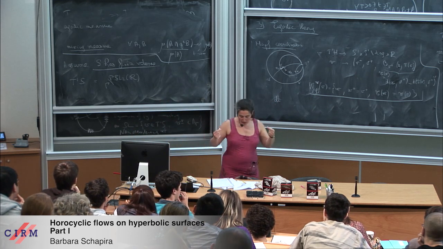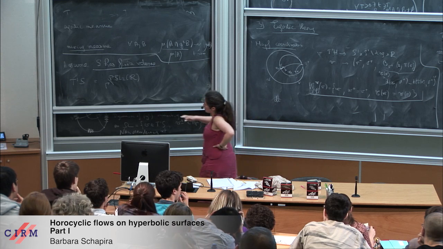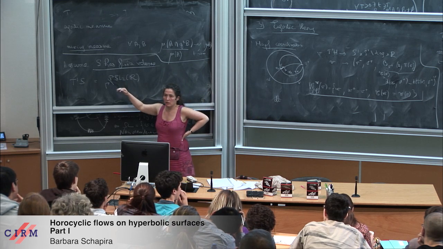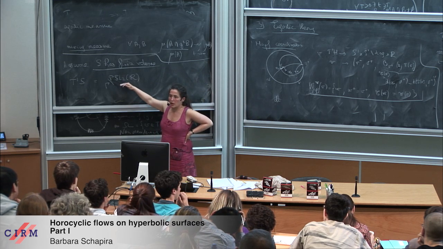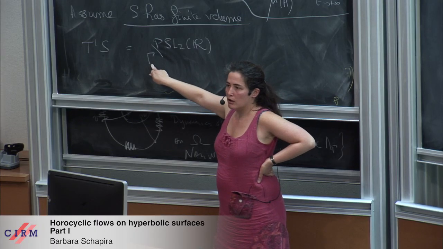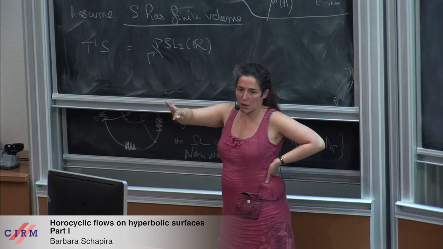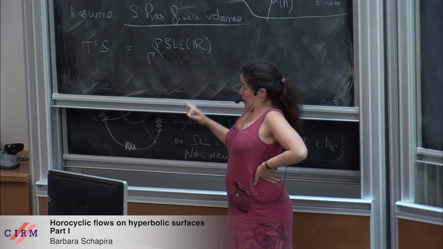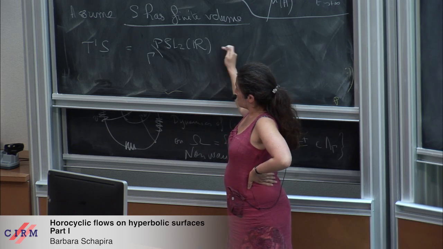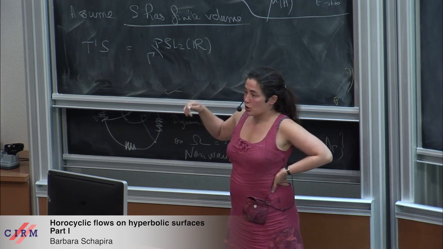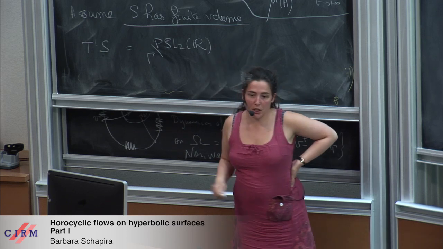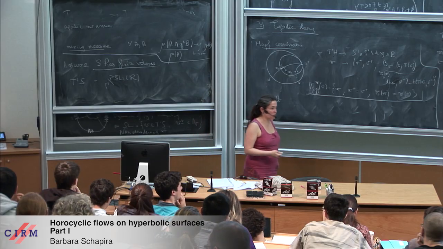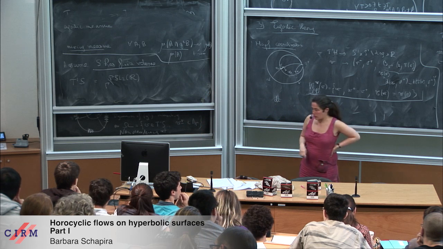The fact that the Haar measure is left invariant induces a measure which is well defined on the quotient. But the fact that it's right invariant will give you a measure which is invariant under the right multiplication by anything, and so in particular by the geodesic and the horocyclic flow.